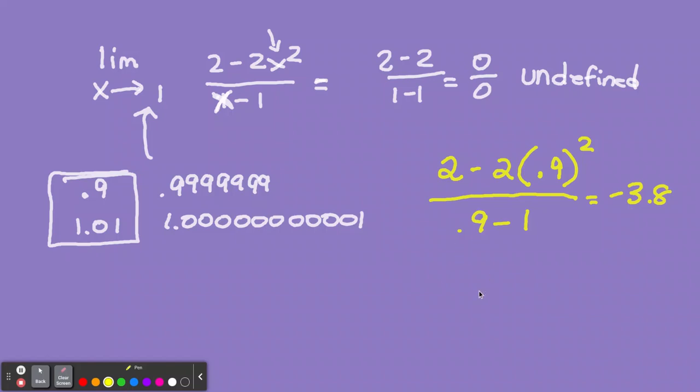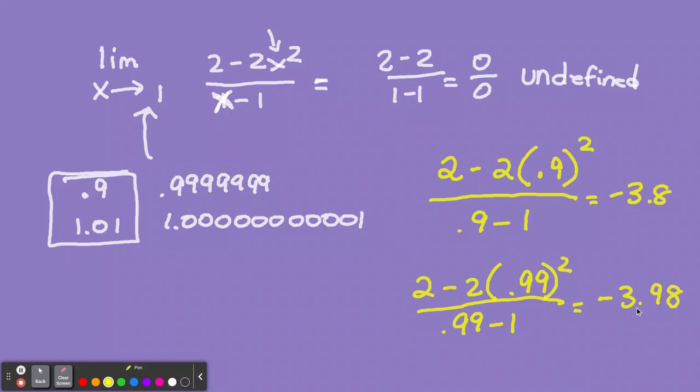Let's get closer to 1 and see where we're getting closer to. So do another one. What if we did 2 minus 2 times 0.99 squared over 0.99 minus 1? Plug that into the calculator. You're getting negative 3.98.